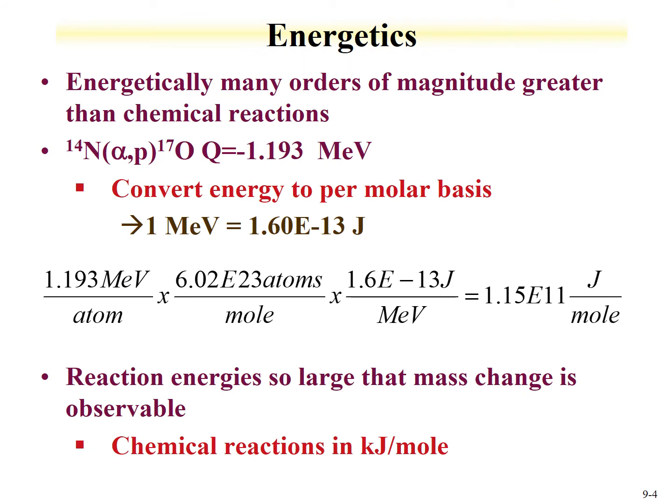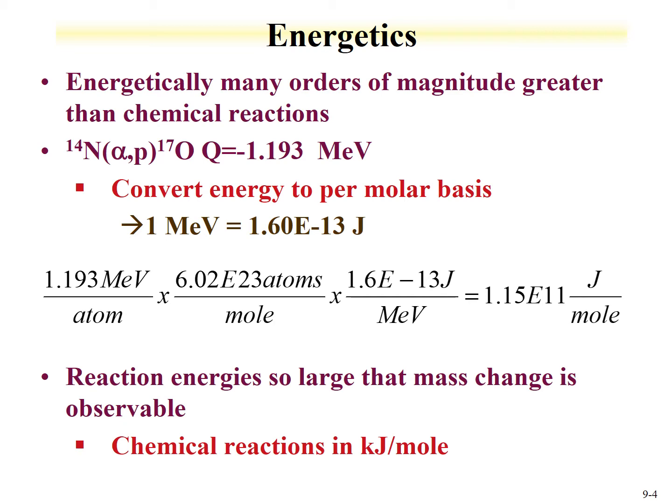We can use some of this energetics to get an idea of the overall reactions involved in nuclear reactions. So if we take the reaction we discussed on the earlier page, we calculate the Q value for this reaction. The Q value is a little bit under, just around -1 MeV.